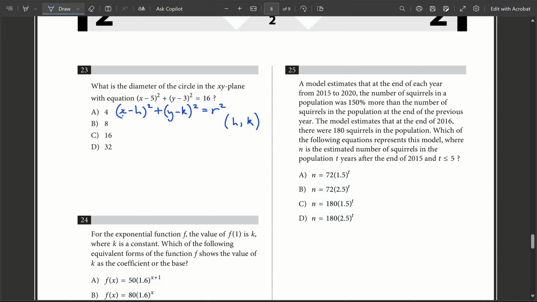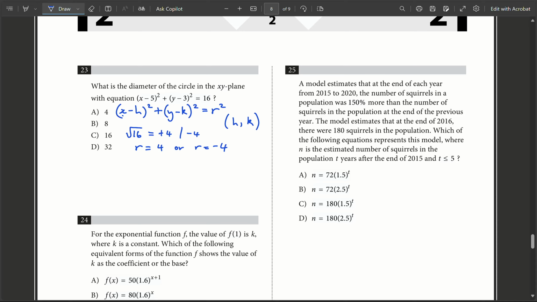Taking the square root of both sides of the whole equation, we get the square root of 16, which is r squared, is equal to either positive 4 or negative 4. So this 4 actually represents r, because remember the square root of 16 is the square root of r squared. So r is equal to 4 or r is equal to negative 4.